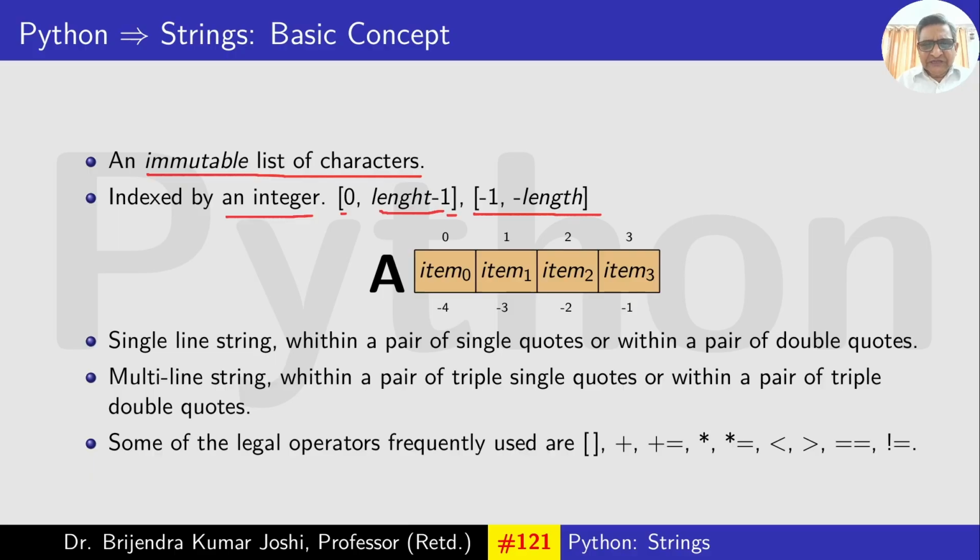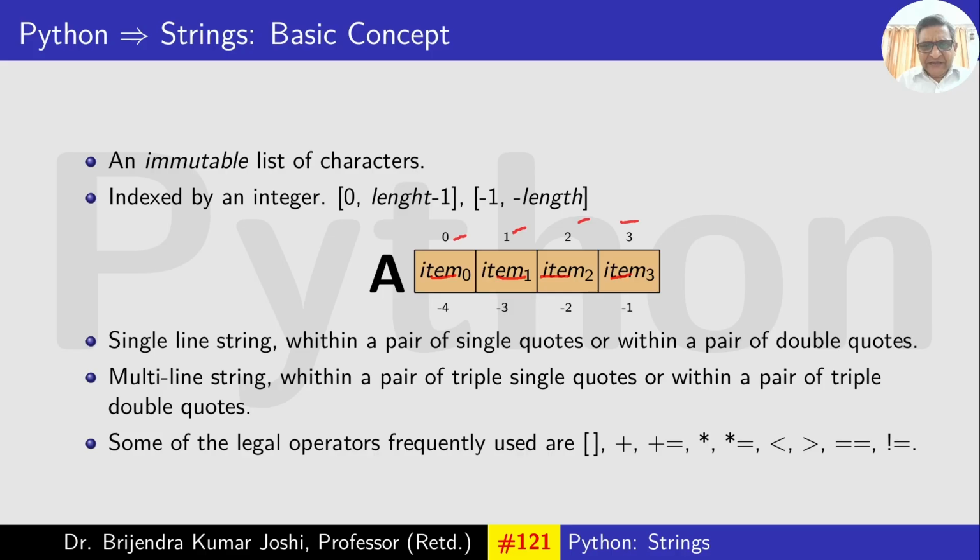As an example, suppose this is a character string, capital A. Here goes the first character, second character, third character, and fourth character. So length is 4, and index values can be 0 for the first character, 1 for the second, 2 for the third, and 3 for the fourth.